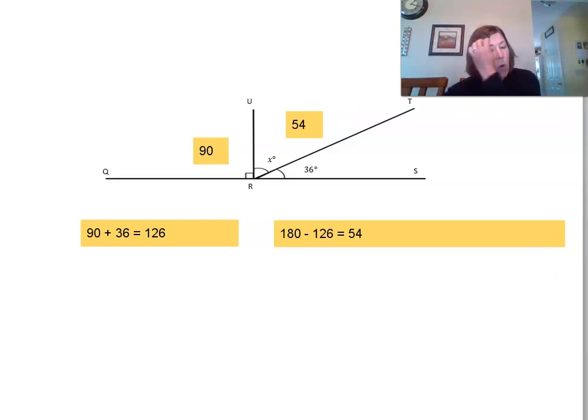Now I want to show an alternate way of solving this because I know that if I have a straight line here and angle URQ is 90, then guess what? That means URS is a 90-degree angle as well. Trying to make a little square there.